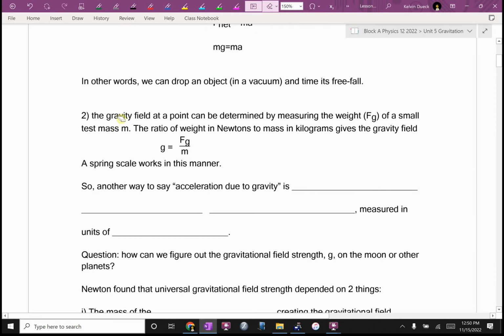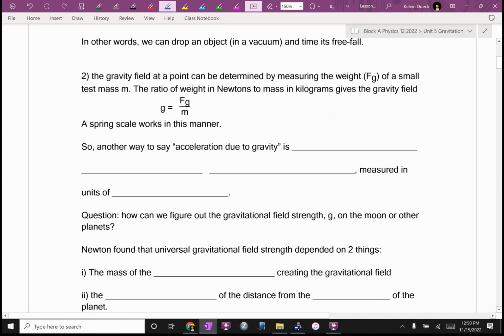So I wrote here the second way we can find the gravity field at a point. It can be determined by measuring the weight, Fg, of a small test mass, m. The ratio of weight in newtons to mass in kilograms also gives you an acceleration or a gravity field. A spring scale works in this manner. So here's what I want you to realize, and we're going to start to use these kind of interchangeably.